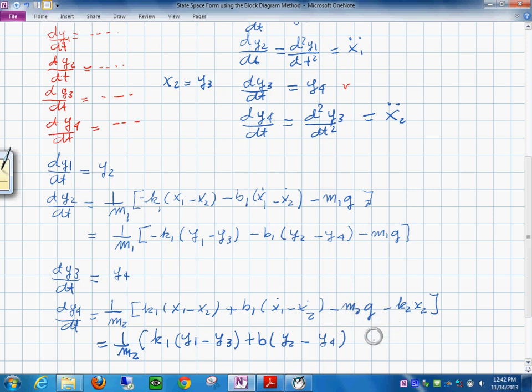Okay, and then I still have these terms, minus m sub 2 times g minus k sub 2, what's x sub 2 is y sub 3.